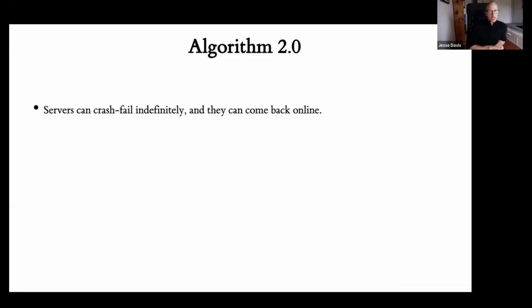So here the system model is that servers can crash fail indefinitely, or they can come back online, but each server's timestamp increases monotonically. So a restarted server remembers the last timestamp it produced. And the only way to guarantee this is some kind of replication for each of the servers.